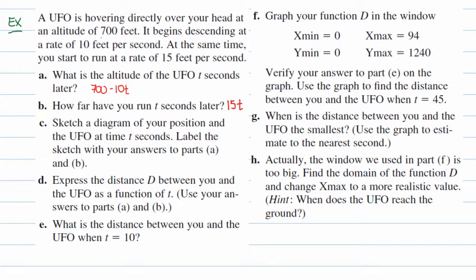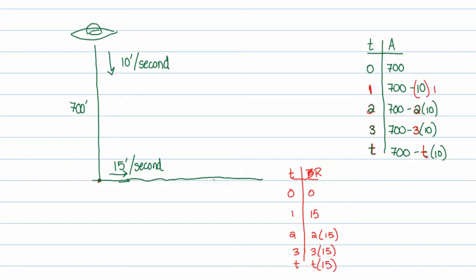Sketch a diagram of your position and the UFO at time t seconds. Well, we already kind of sketched a diagram, but let's just say that t seconds have passed. And by the way, t is a variable, so I have no idea what that means, right? But it basically means I ran over here, it's dropped down to like here, let's just pretend. Okay? So here's after t seconds.